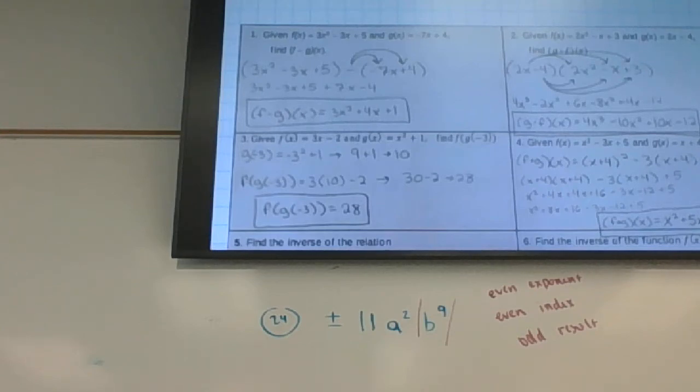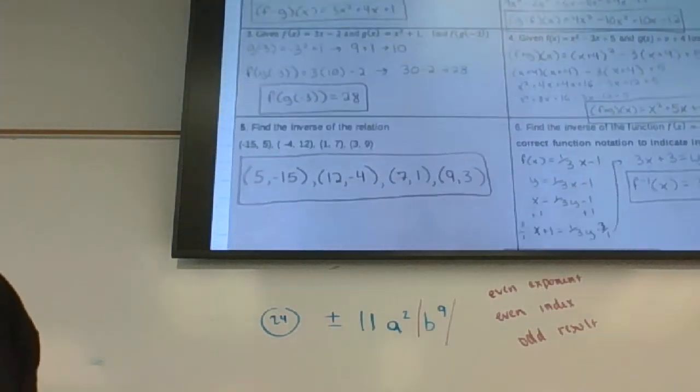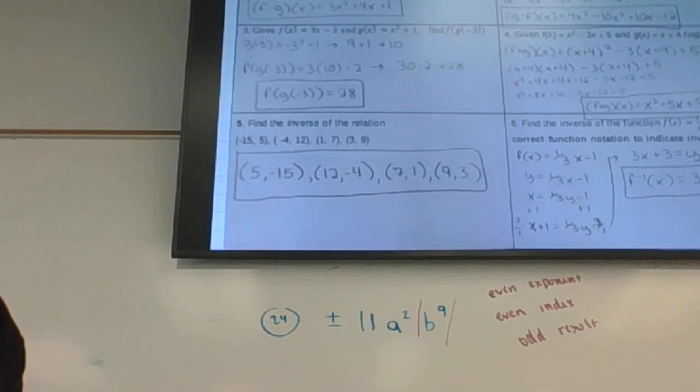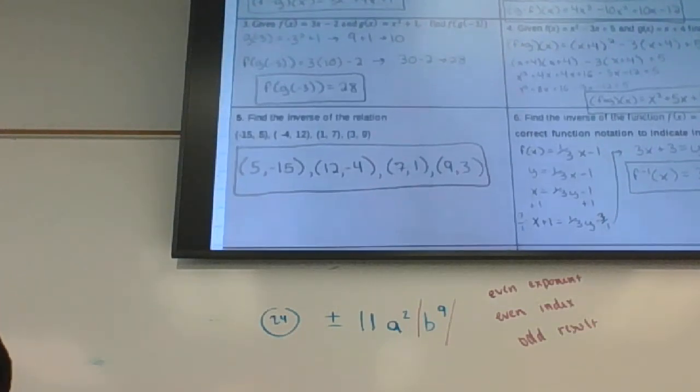You have to prove both if you're gonna prove it. Alright, here's numbers 5 and 6.